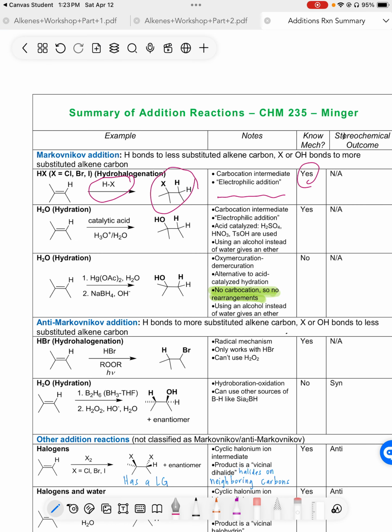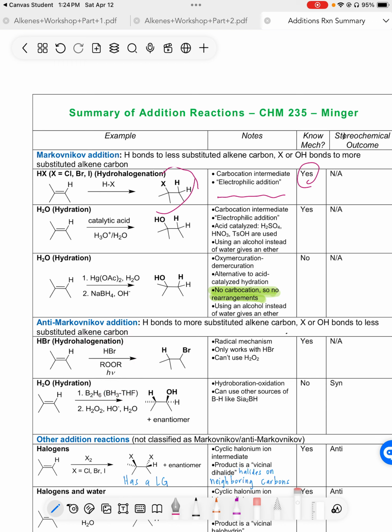And if we come over here, we see that there's an HX, and X can be Br. And then down here in the anti-Markovnikov, there's another HBr that will probably throw you off. For this HBr, there's something different in the reagents, and that's the peroxide, the ROOR plus heat.